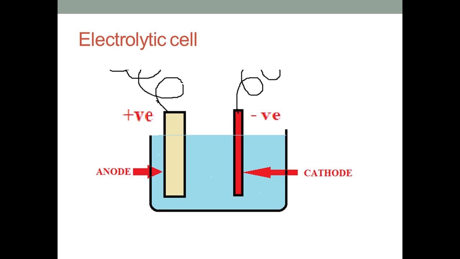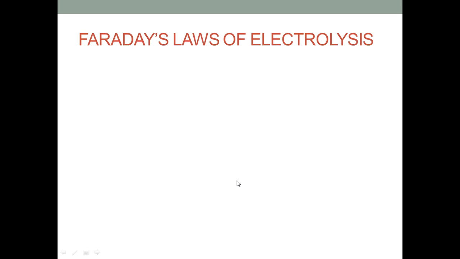So the deposition is always carried out on the cathode only. By studying this electrolysis process using the electrolytic cell, Faraday gave his conclusions in the form of statements that are called Faraday's laws. Basically Faraday gave two laws, the first and the second law.